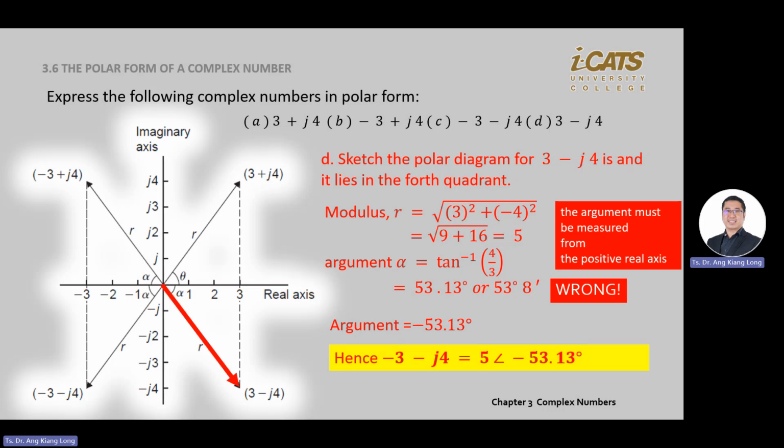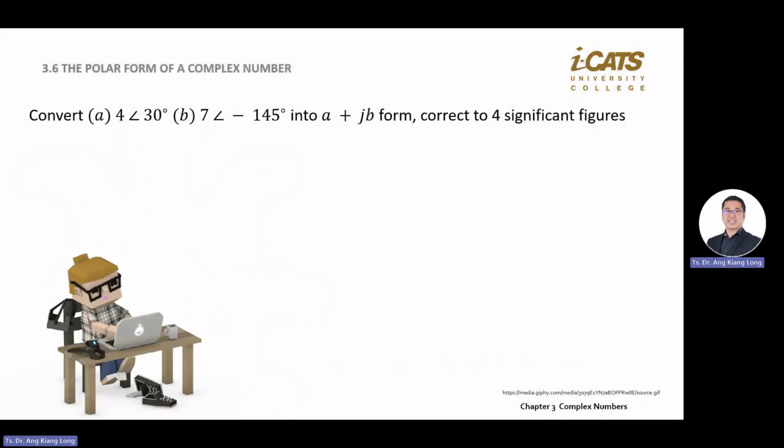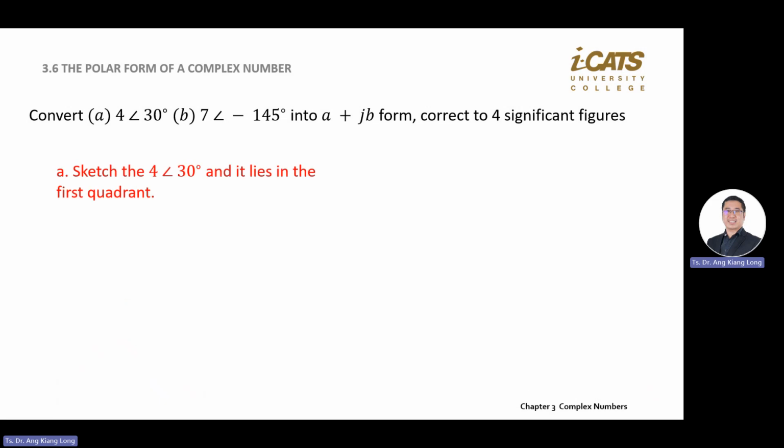The question might reverse. What happens if the question gives you polar and you need to convert into Cartesian form? The steps will be the same, you just reverse it. First you use the Argand diagram. 4 angle 30 degrees means the first quadrant. You draw something like this, then you can find x and y.